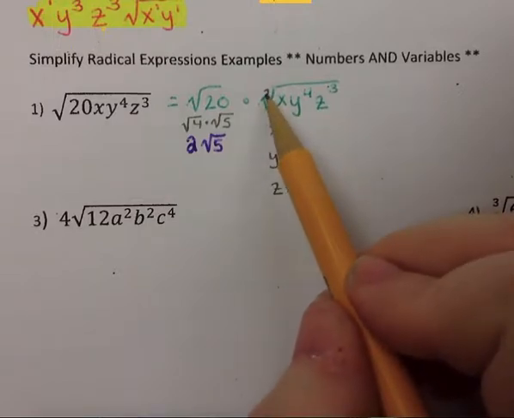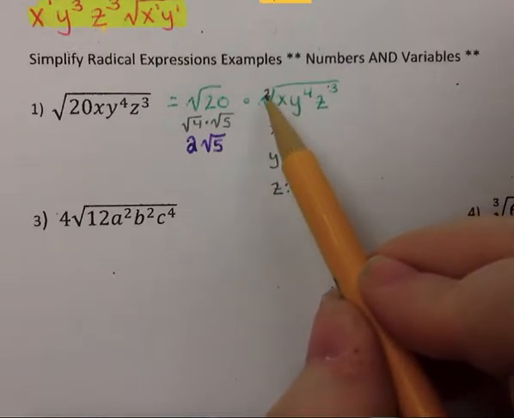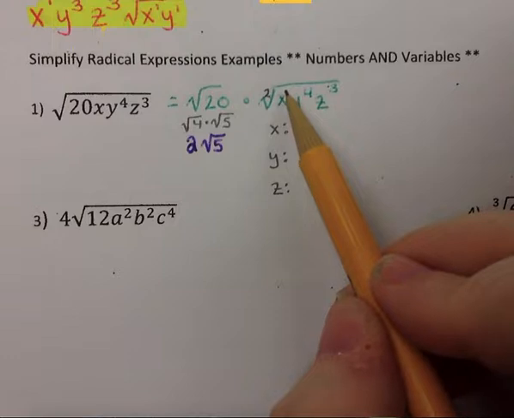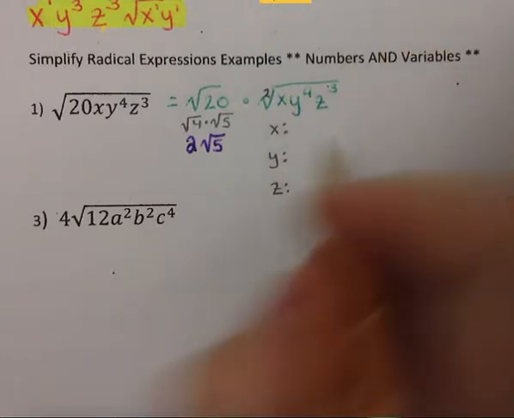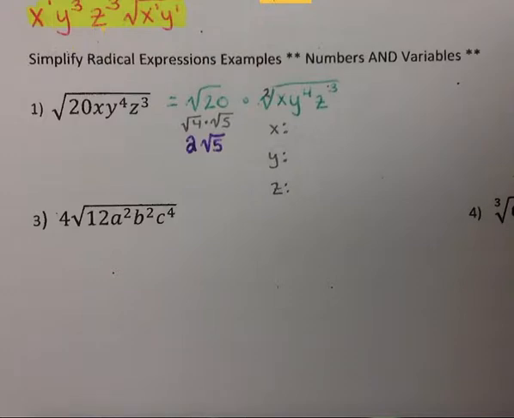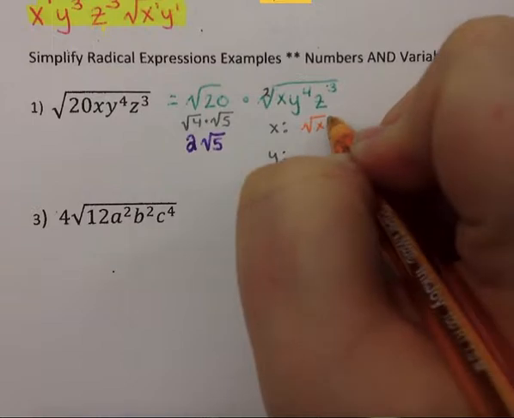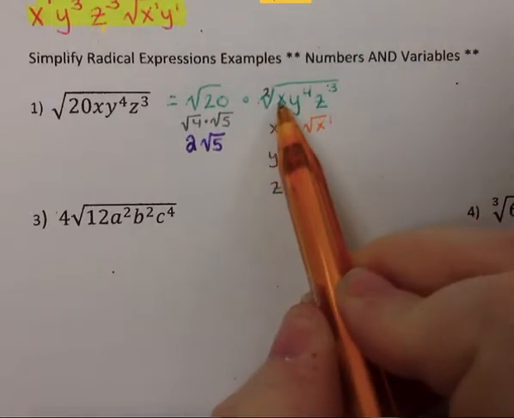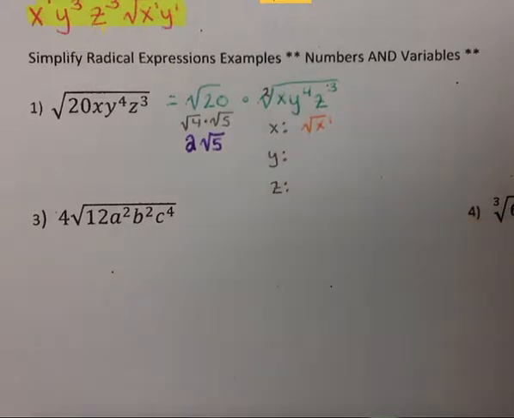The index needs to be smaller than the exponent to be able to simplify. So the 2 is not smaller than the 1, so the x's will not simplify. So I know that this will have to stay as the square root of x to the first. I cannot simplify the x's because the exponent is not big enough.